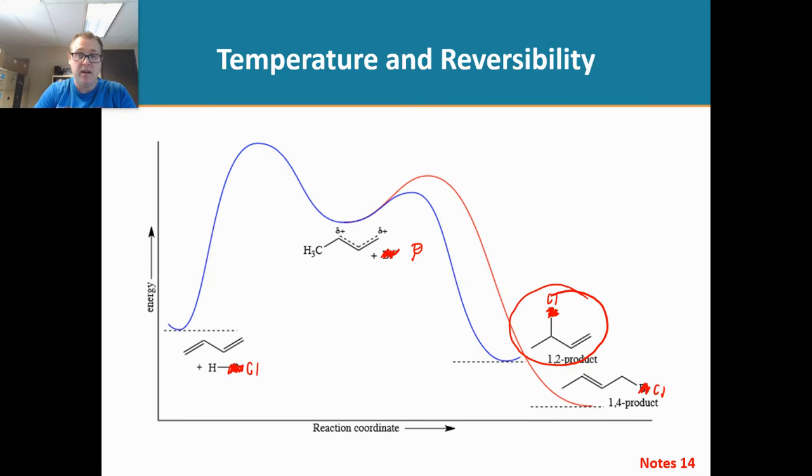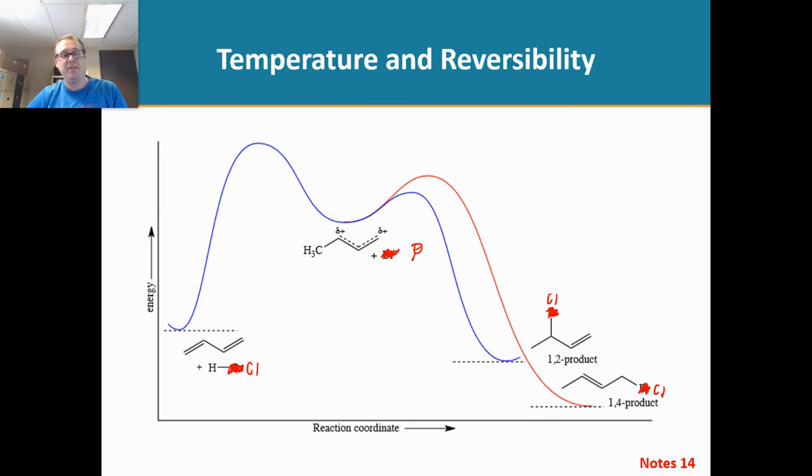So typically, when a reaction is under kinetic control, it's going to be irreversible. And when a reaction is under thermodynamic control, the reaction is reversible. Okay? So that's what temperature does.